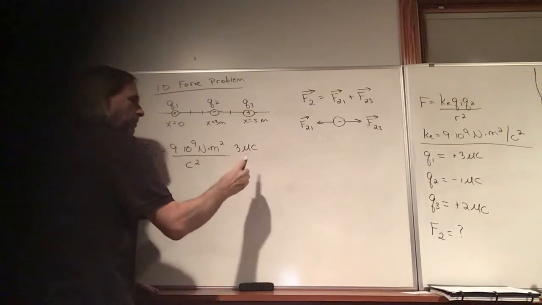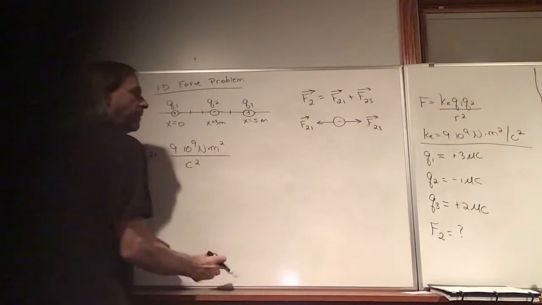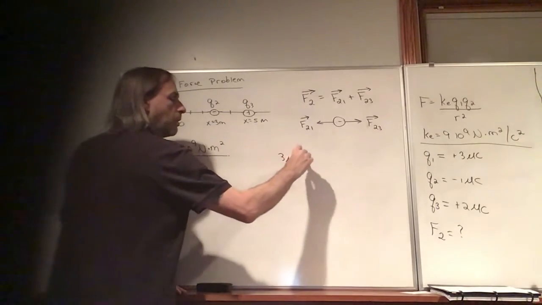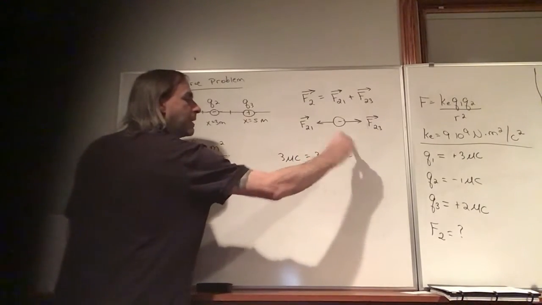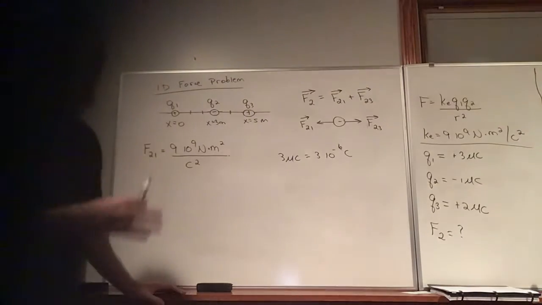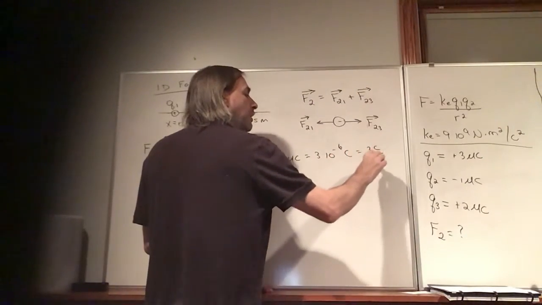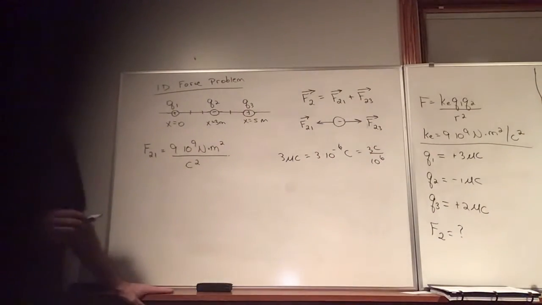Sorry, let me do this off to the side for a moment. 3 microcoulombs is equal to 3 times 10 to the minus 6 coulombs. Now, I like positive exponents, so you can also write that as 3 coulombs divided by 10 to the 6. That's the form I like it in.